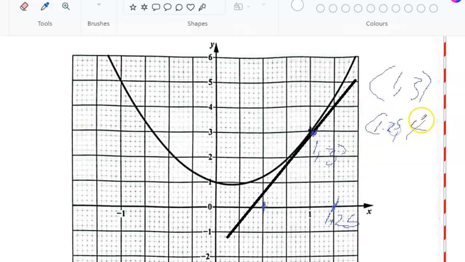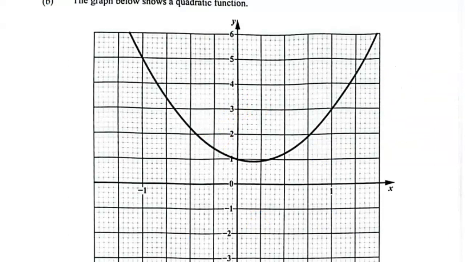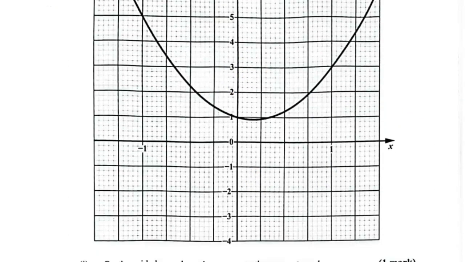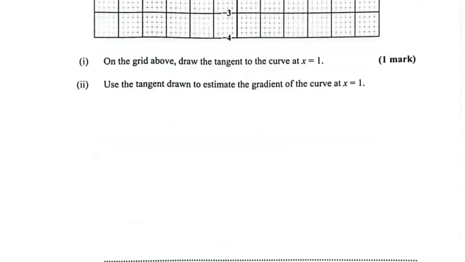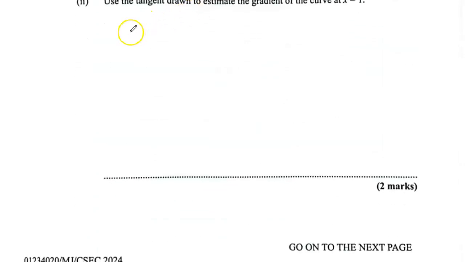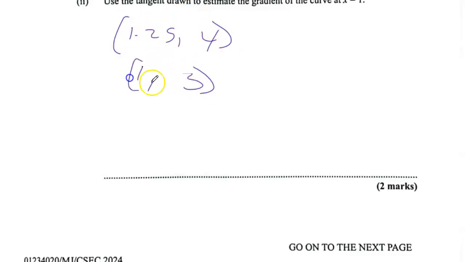So this line passes through the coordinates (1.25, 4) and (1, 3).